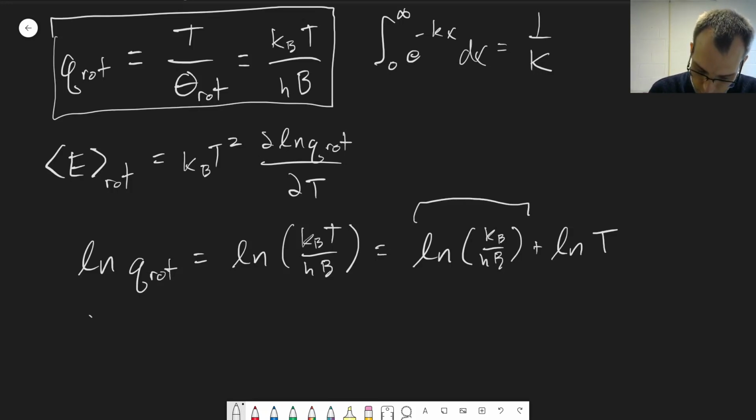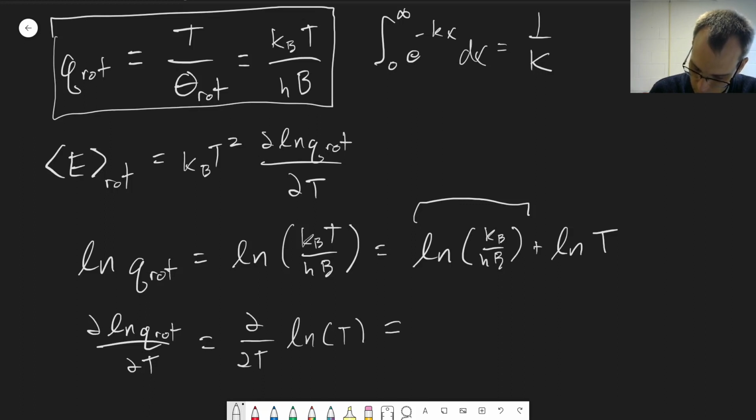So d log q rot dT is just going to be the derivative with respect to temperature of log T, which gives us just 1 over T.